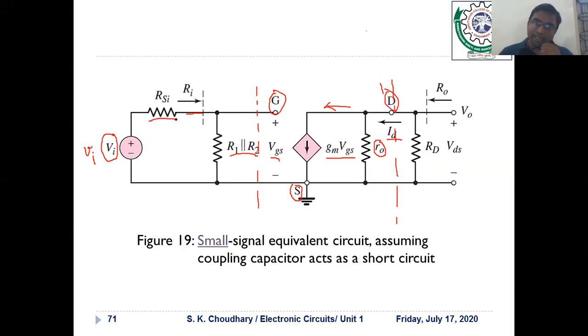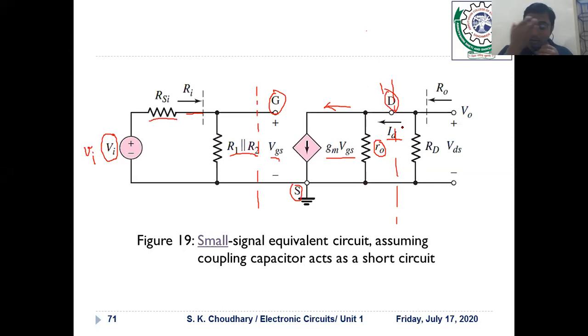It is shown in series with the voltage source VI. In this way, after drawing the small signal equivalent circuit of the MOSFET, you can draw the rest of the circuit. So here first we have learned the input section of the circuitry. After drawing the input section, we move to the output side.